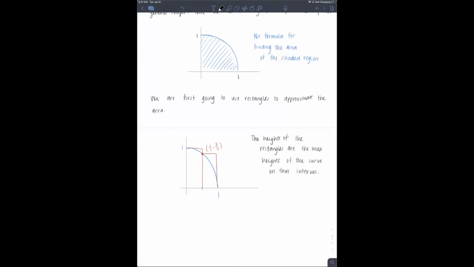Right, so here, the height of this rectangle is the tallest point of the curve from 0 to 1/2. Same thing right here. This is the tallest point on the curve from 1/2 to 1, and it's also the height of that rectangle.